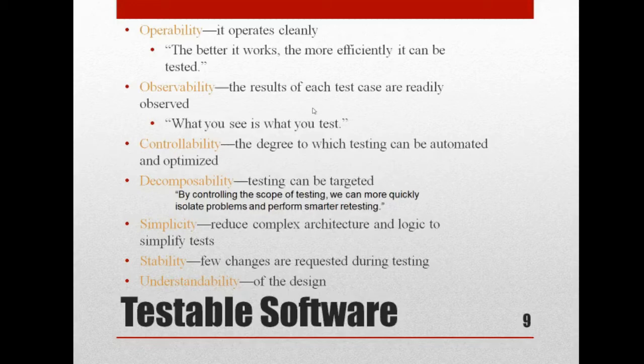You give an input, the software produces an output, and when you see that output, if you can identify that it is working properly or that there is an error, then it is observable. That is why it is said, what you see is what you test.